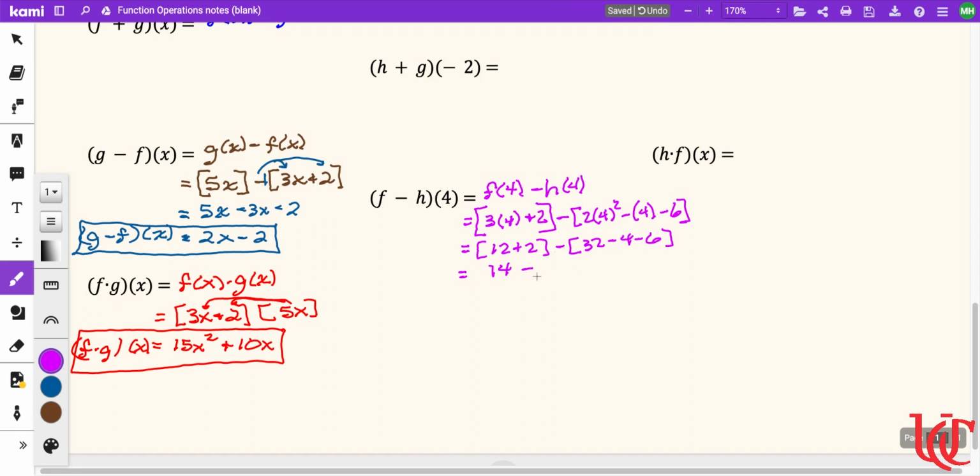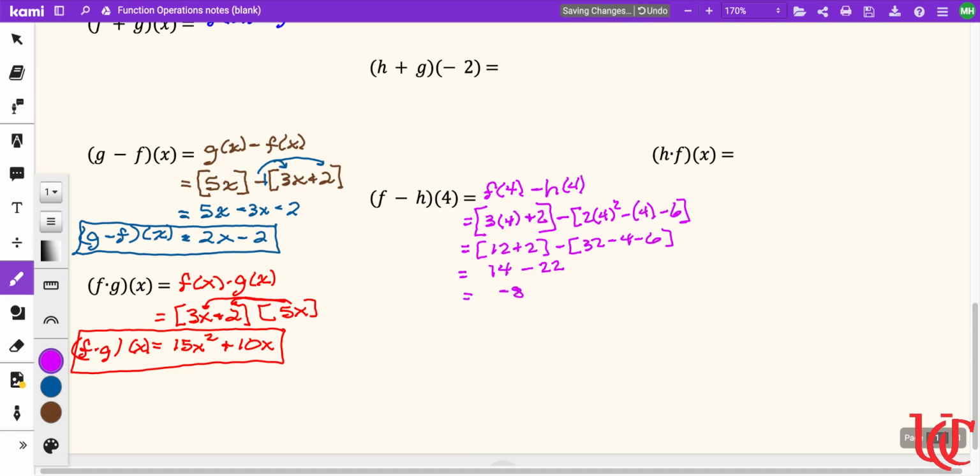I can just keep it as a negative. So 32 minus 4 is 28. Minus 6 is 22. So 14 minus 22, and that was the same thing as 22 minus 14, keep it negative. So that is 8, and it's a negative 8.